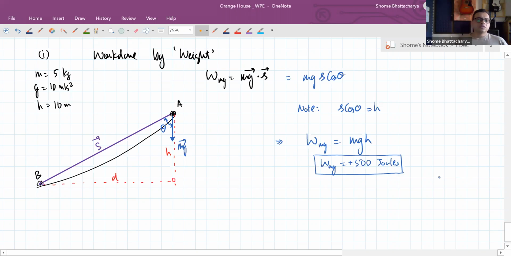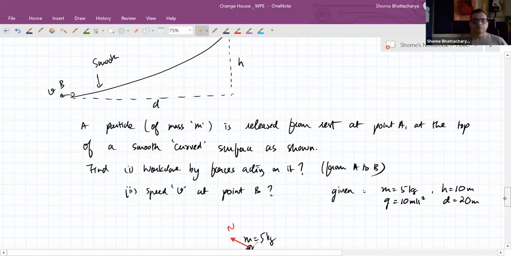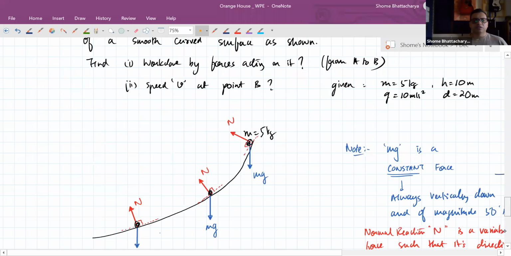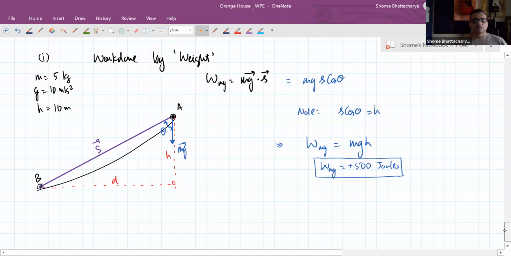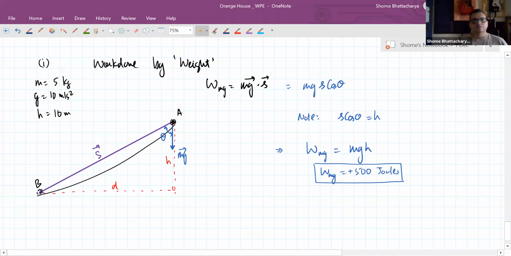Okay, so this is how we calculate the work done by the gravitational force. Yeah, h was 10 meters and d was 20 meters. You just make a note of this next.